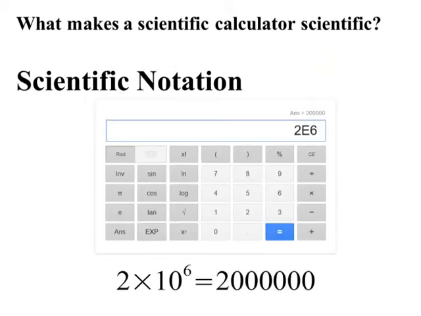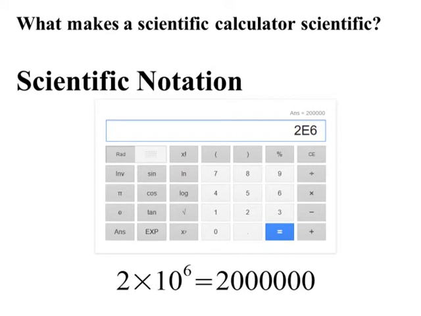I doubt you'll have much practical use for this function outside of a few probability applications, but it is kind of cool. Scientific notation. This key isn't really all that necessary since we already have the 10 to the x key, but it is a slightly quicker way of writing big round numbers. For example, if you wanted to write 2 million, you would first think of it as 2 times a power of 10, specifically 10 to the 6th power, because there are 6 zeros in 2 million.